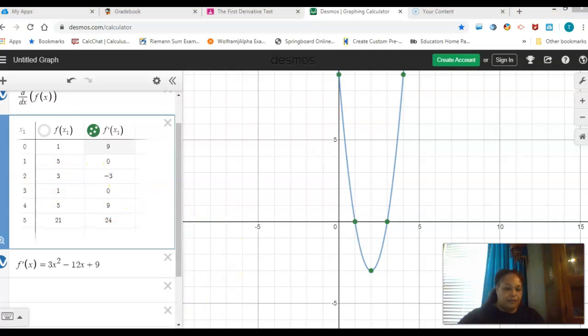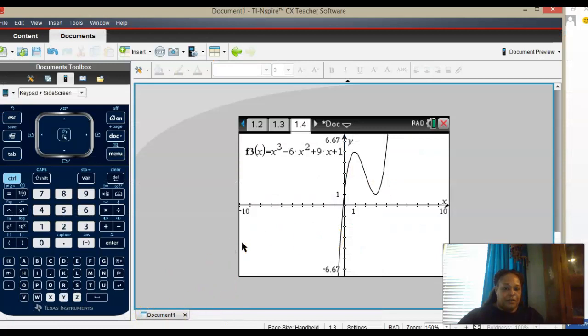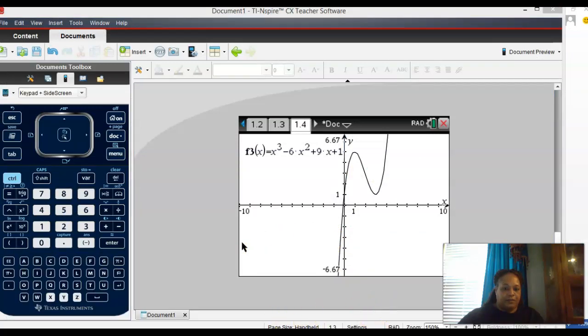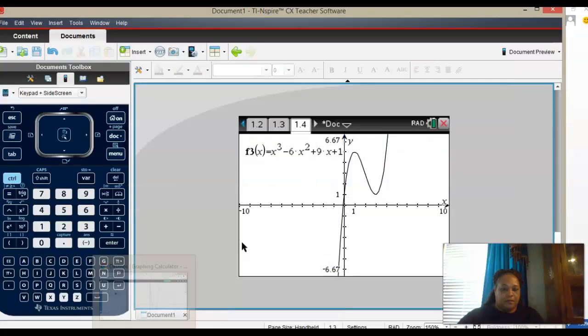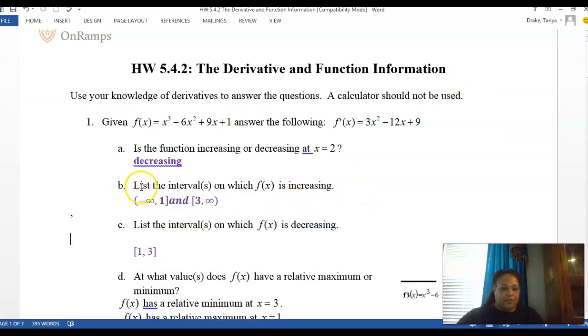So I'm decreasing at 2. Then it says list the intervals on which f of x is increasing: negative infinity to 1 and 3 to infinity.